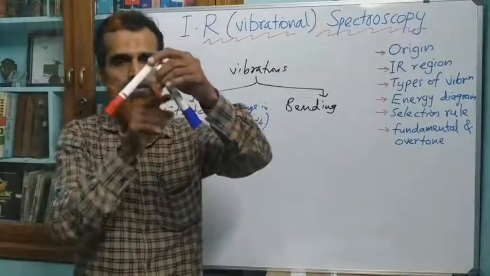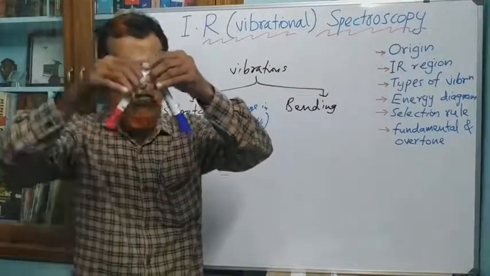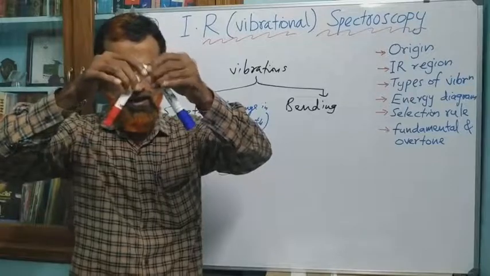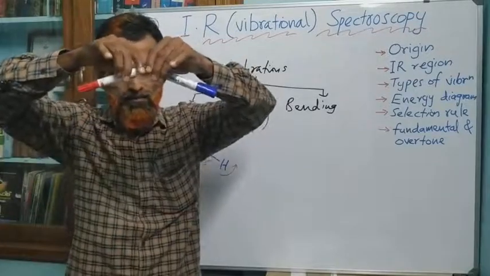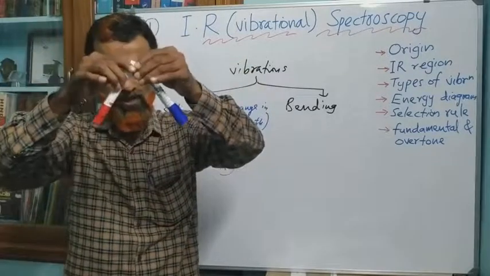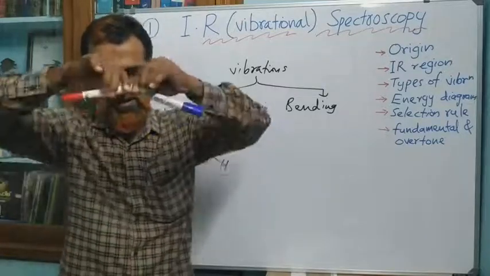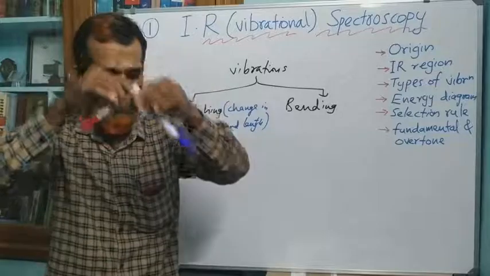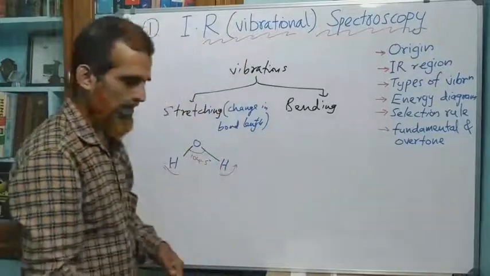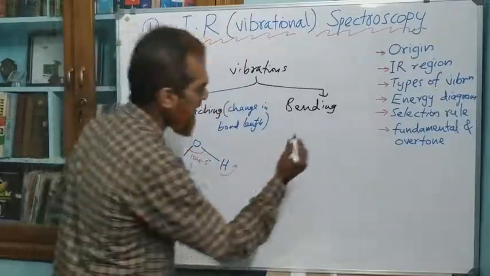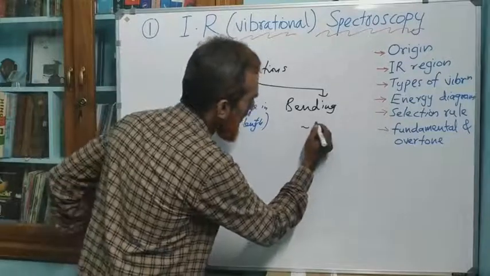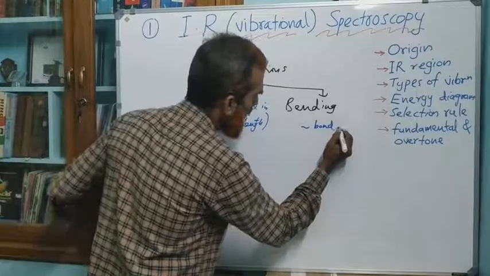See, this is a bond angle. What happens? Bond angle increases from this position and comes back to the original mean position and contracts, goes back like this. This kind of movement is called bending vibration. So in bending vibration, there is change in bond angle.